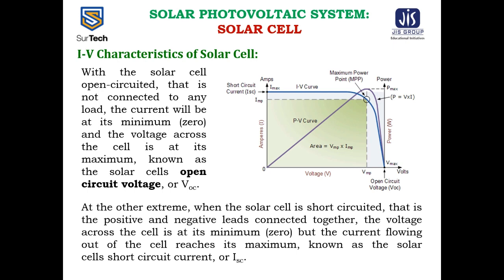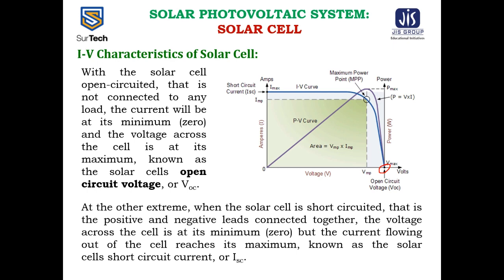Here at this point the current is 0 or minimum, and at that point the voltage is maximum, that is Vmax. So this voltage is called the open circuit voltage when the solar cell is not connected to any load.